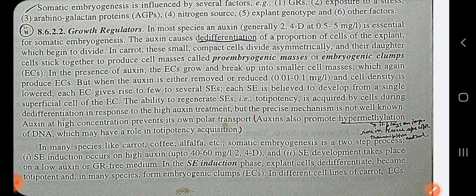So hypermethylation normally plays an important role in tissue-specific transcription. Transcription, as you know, is the process of formation of RNA from DNA used as a template. By methylating particular regions of the DNA, we can regulate the transcription process in specific tissues. So auxins also play an important role in this hypermethylation process.